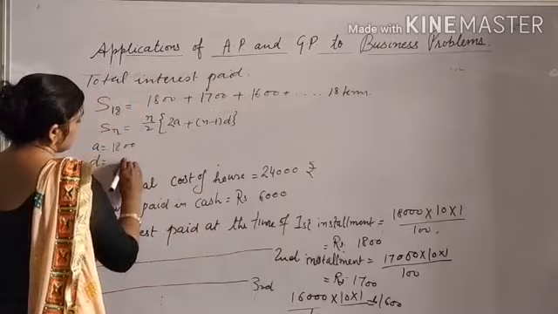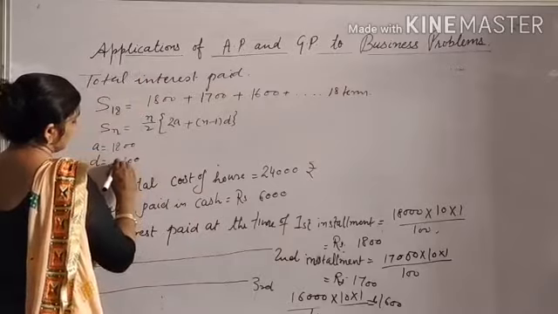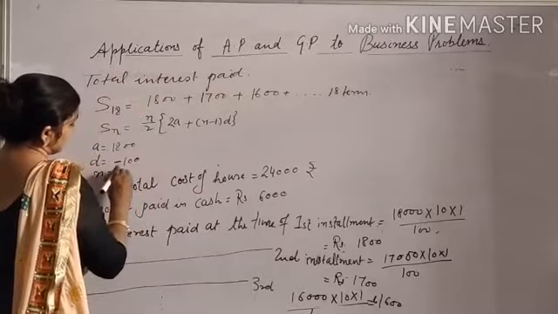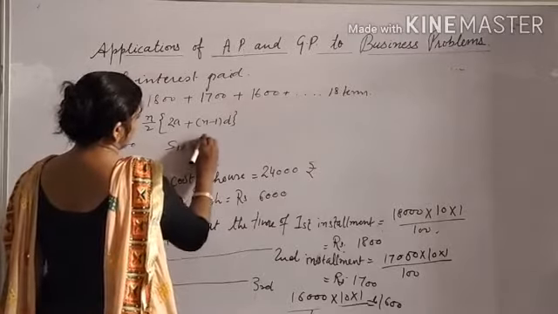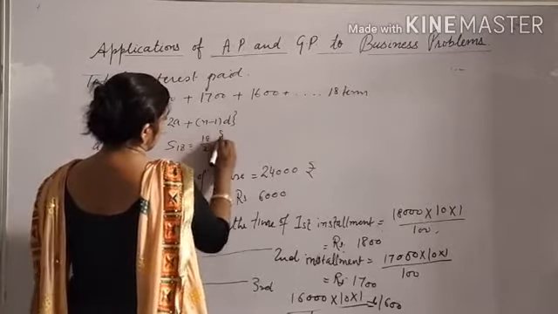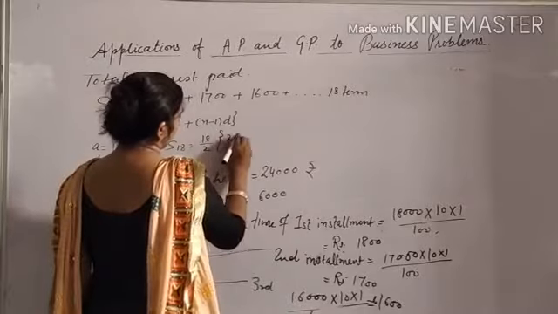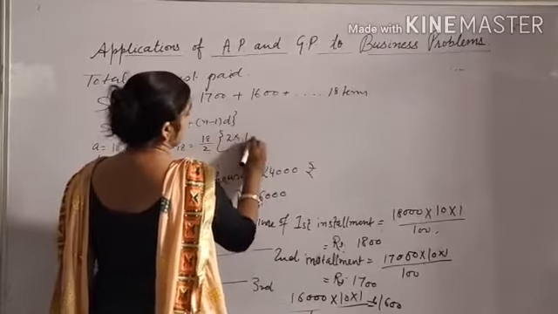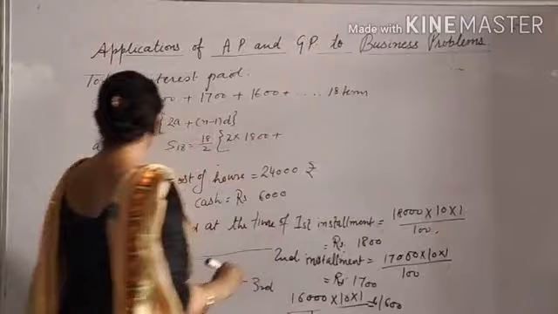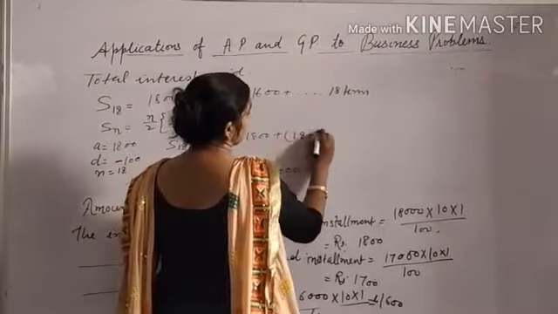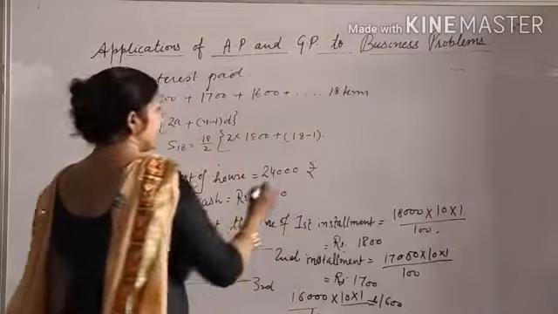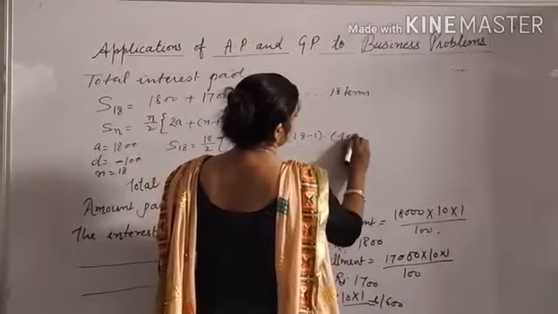So d is minus 100 and n is 18. So S18 will be 18 by 2 into 2 into 1,800 plus 18 minus 1 into d, and d is minus 100.